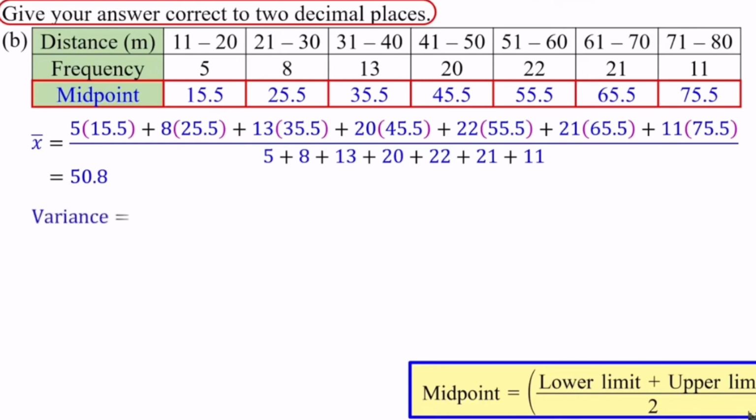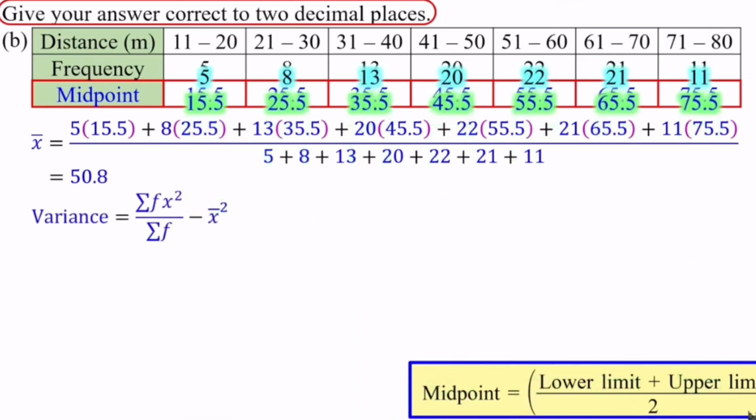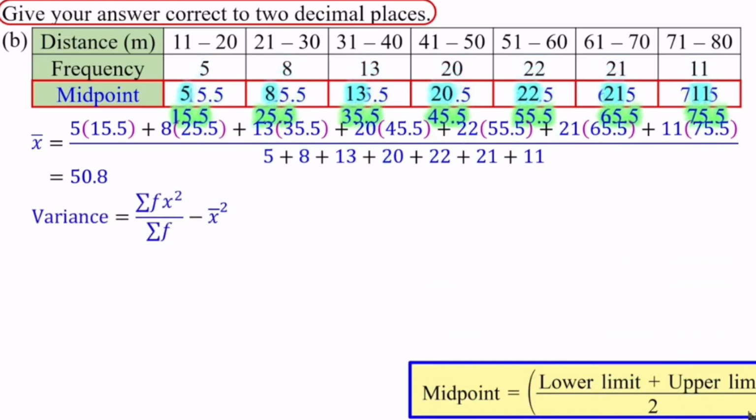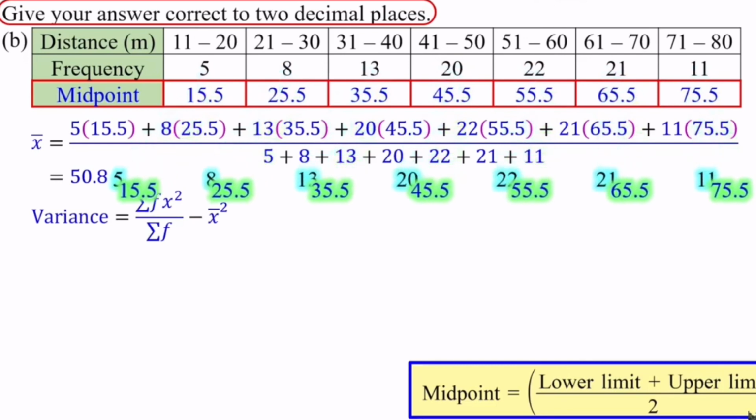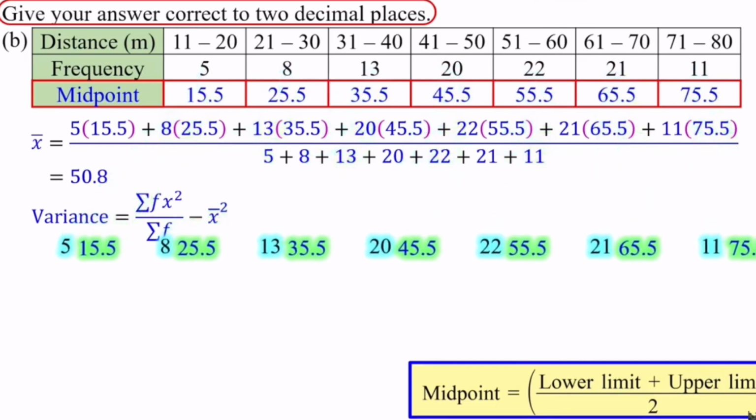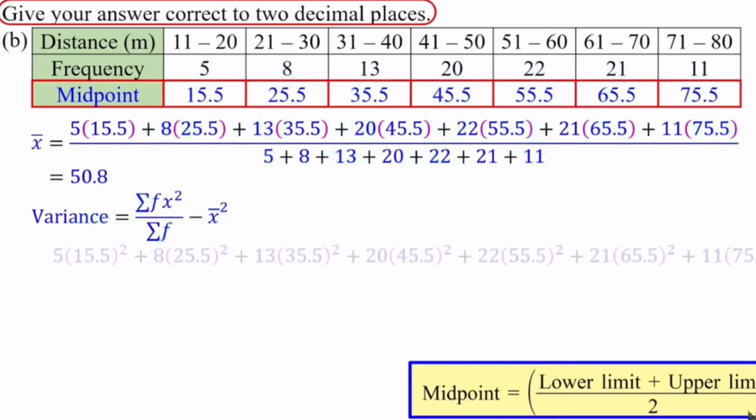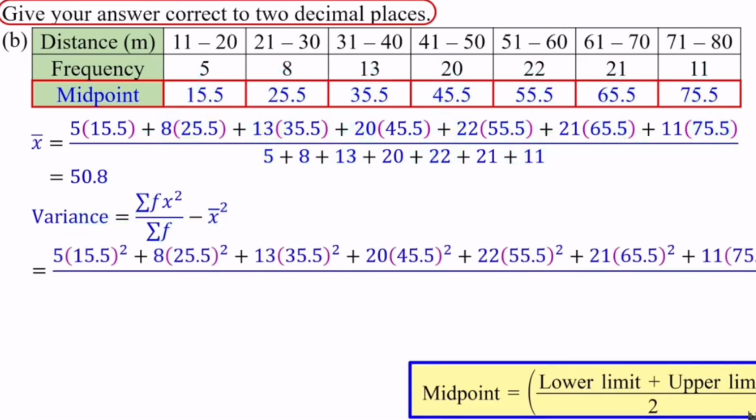50.8. Let's find the variance, which is a very, very long formula, right? So we need to be very careful when we do variance. Let's take the frequency times the midpoint alone, square. Midpoint only, square. Alright, and we plus another midpoint and the square times the frequency.